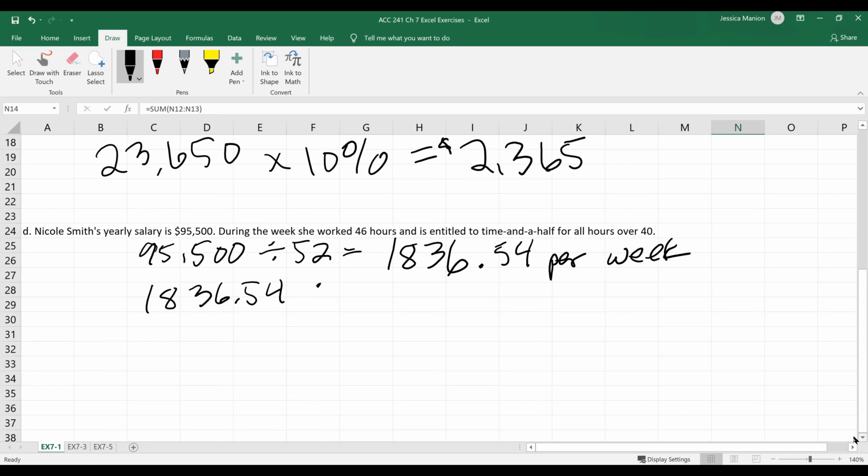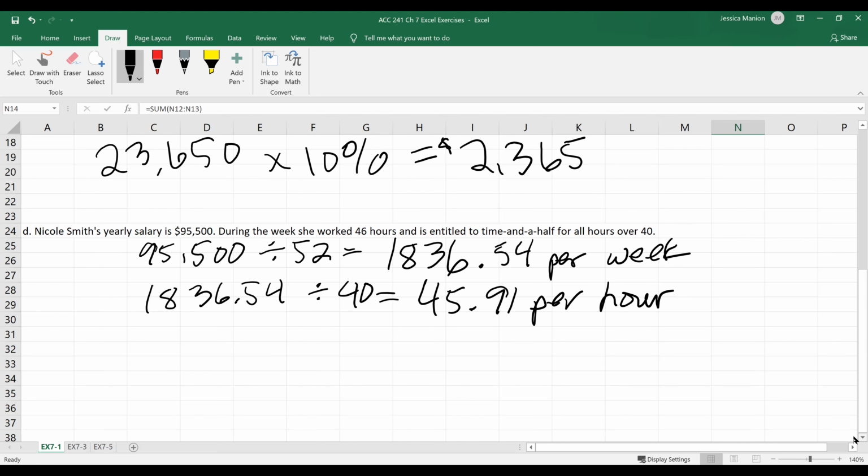Okay. And then we take that 1836.54 divided by 40 regular hours in a week. And she makes $45.91 per hour. Okay.